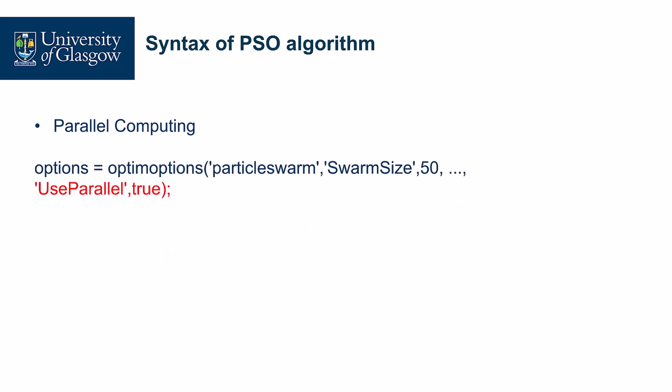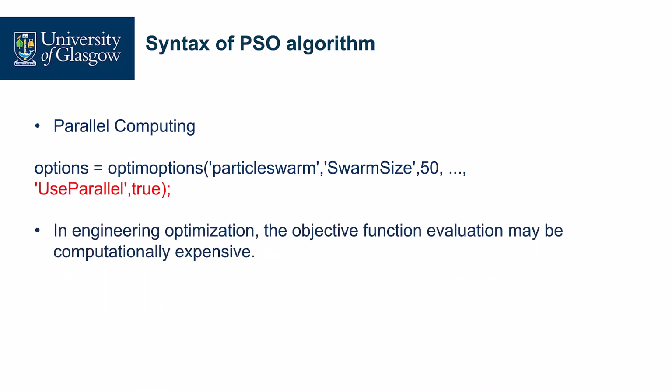Another thing that we can talk about, which also applies to GA, is parallel computing. Because all the population-based algorithms need to calculate too many objective function evaluations. There's a population there. And these could cost a long time because it may involve simulations, right?